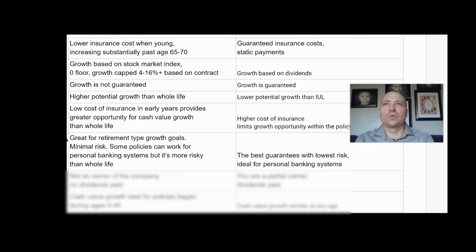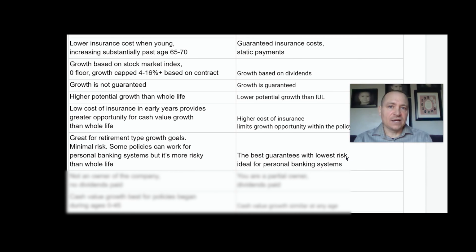So for the most part, when we talk about doing infinite banking, we talk about whole life because it has the best guarantees with the lowest risk, which makes it ideal for personal banking systems. You really want to have that low risk that comes with a savings type asset and not an investment grade policy that is designed to try to maximize the growth.